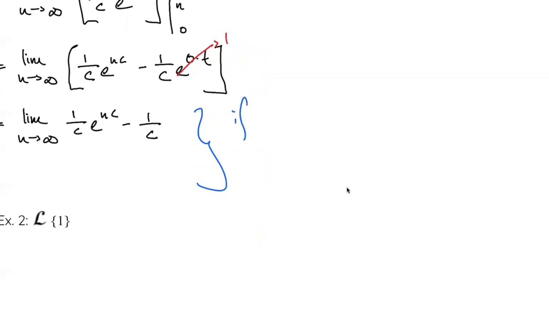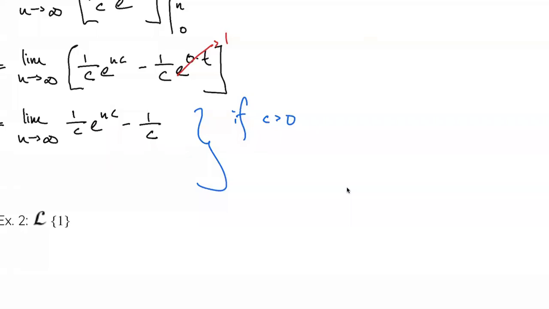In other words, if C is greater than 0, n times C is going to get really, really big.